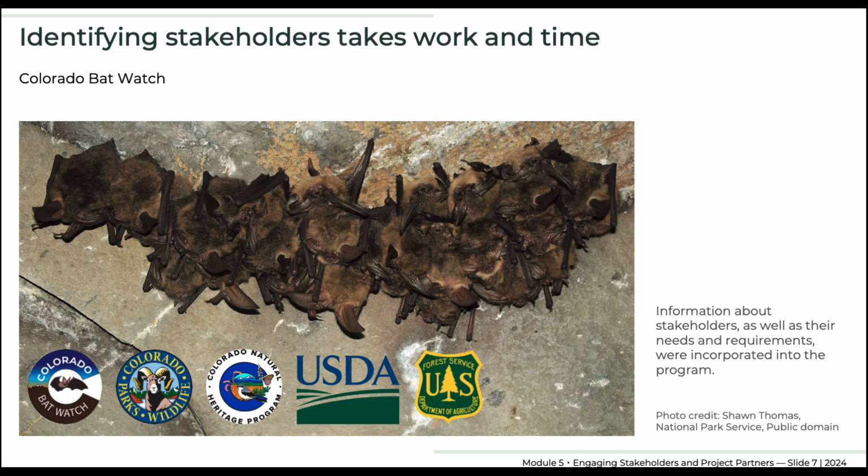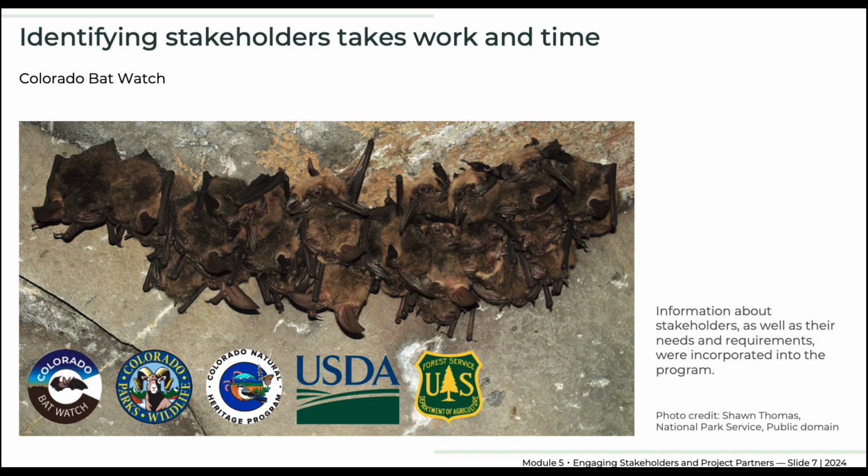In developing the plan, the project leads at Rocky Mountain Wild researched multiple stakeholders, including the U.S. Forest Service, Colorado Parks and Wildlife, and the Colorado Natural Heritage Program. Information, needs, and requirements of all these stakeholders were incorporated into the program.